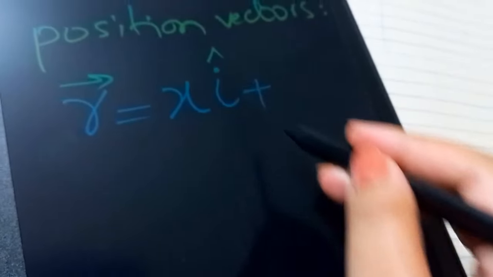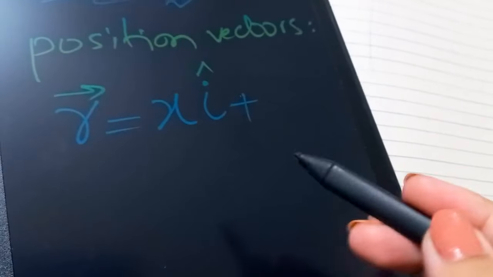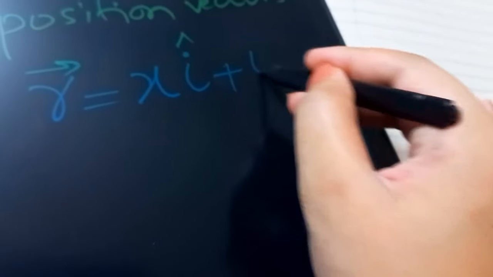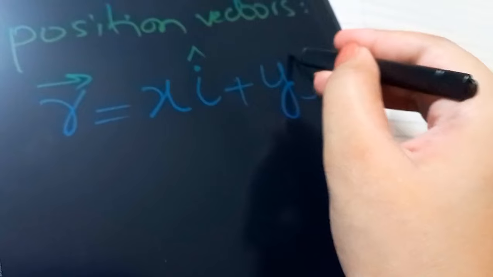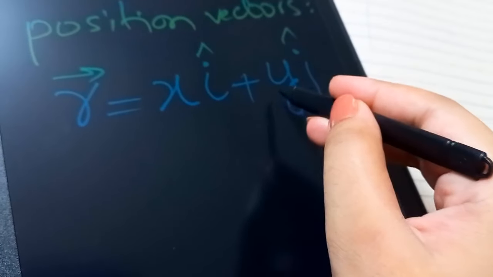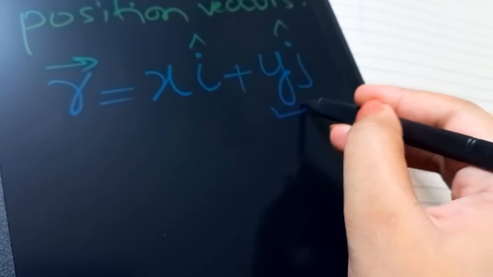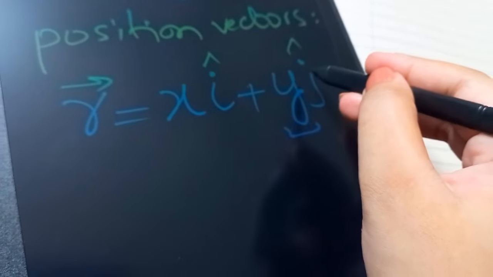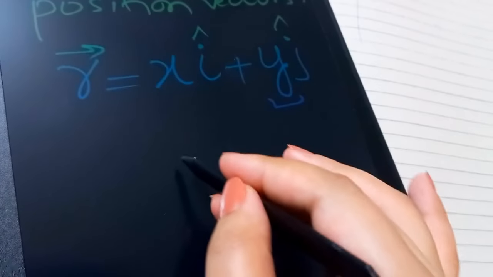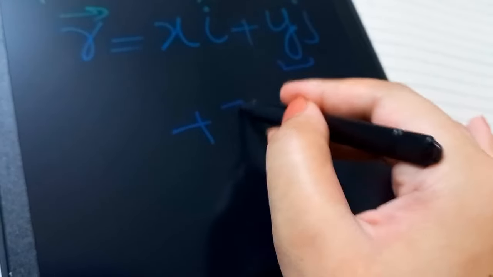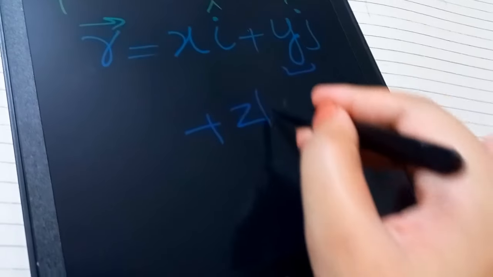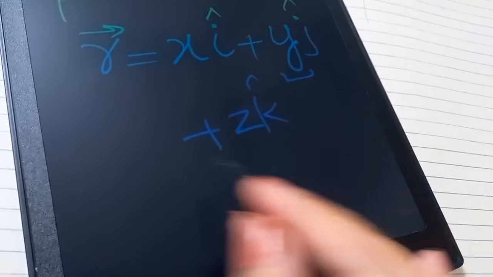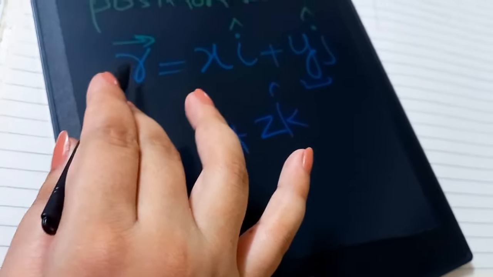Okay, these are unit vectors. Unit vectors show the direction of the vector. So plus y into j hat, y units we have to travel in the j direction, and z units we have to travel in the k hat direction to reach a point.